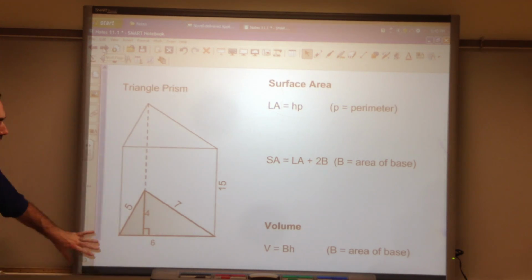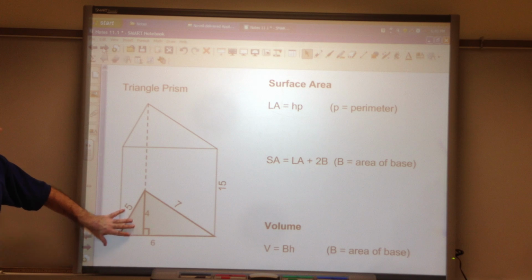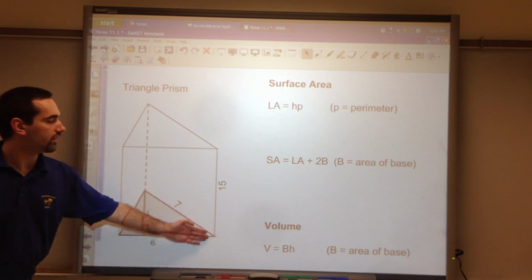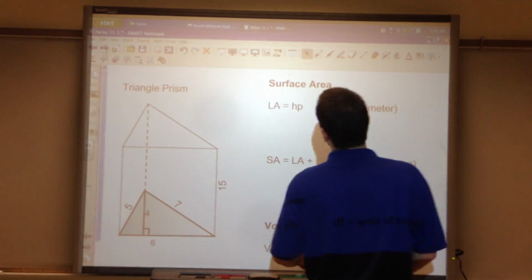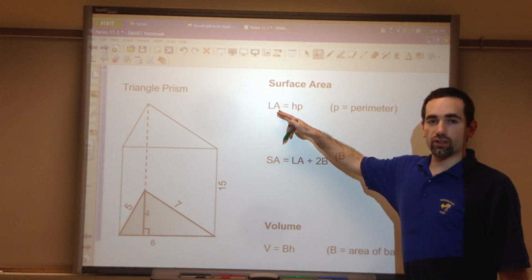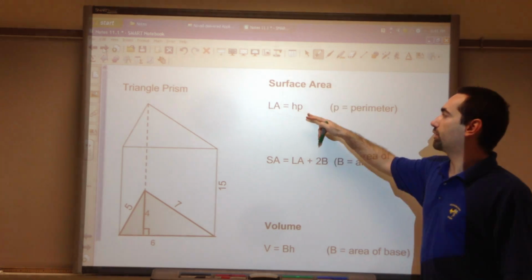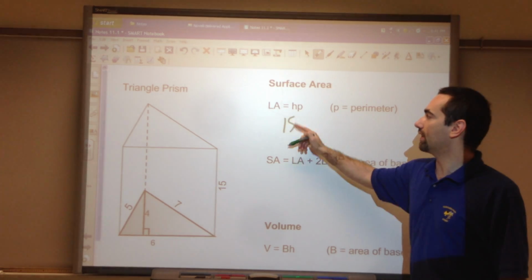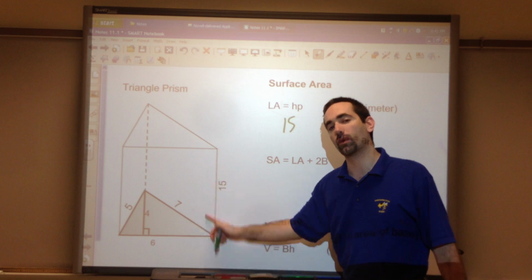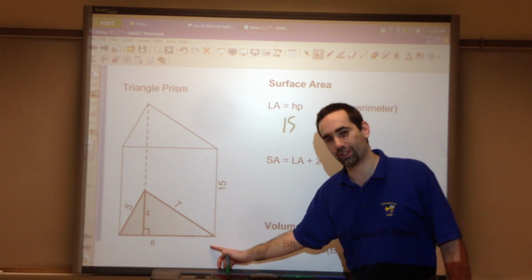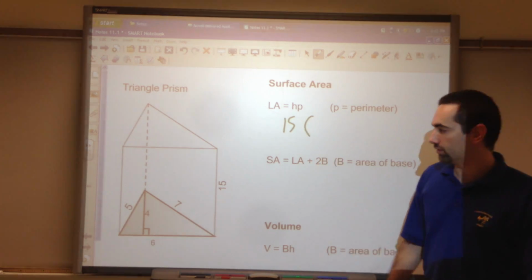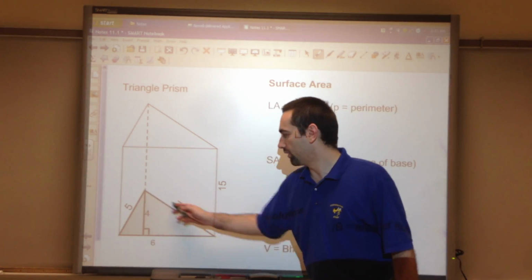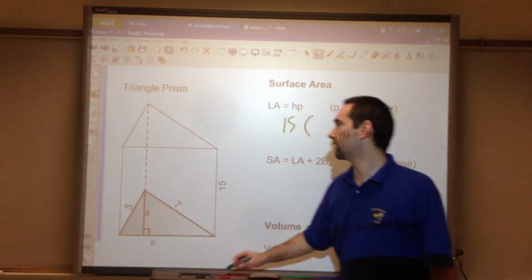Triangular prism. We've got the triangle here, and then the height of the prism. So for the surface area, first the lateral area, height times the perimeter. The height is 15. Remember, that's the height of the prism, times P, the perimeter of the triangle: 5 plus 7 plus 6.